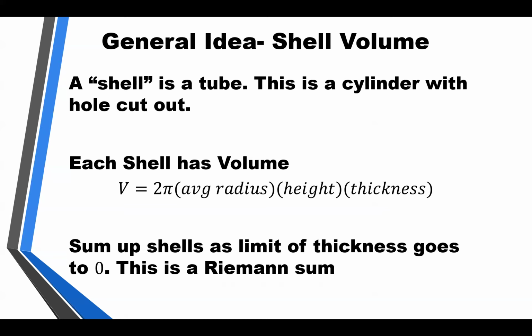And then that Riemann sum, when I take the limit as thickness goes to 0, turns into an integration. So with the shell method, the volume is going to be calculated by 2 times pi times the average radius times the height integrated with respect to x or with respect to y, depending on how the tubes look.